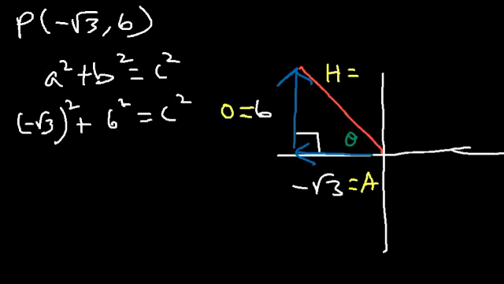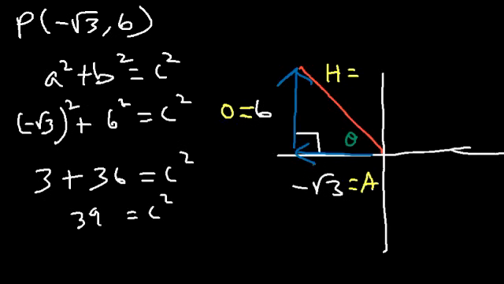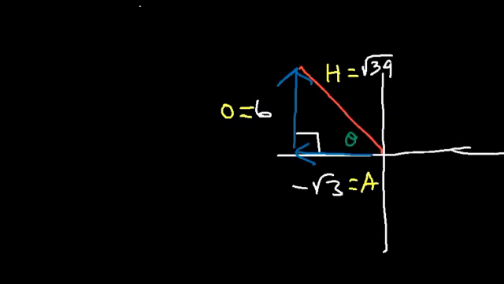Negative root 3 times negative root 3 is positive root 9, and the square root of 9 is 3. 6 squared is 36. So this is 39, and so c is the square root of 39. So now that we have all three sides, we could find the 6 trigonometric functions.